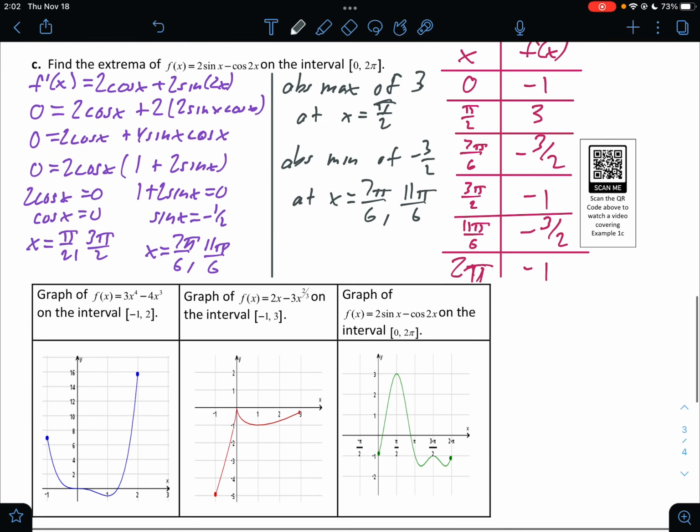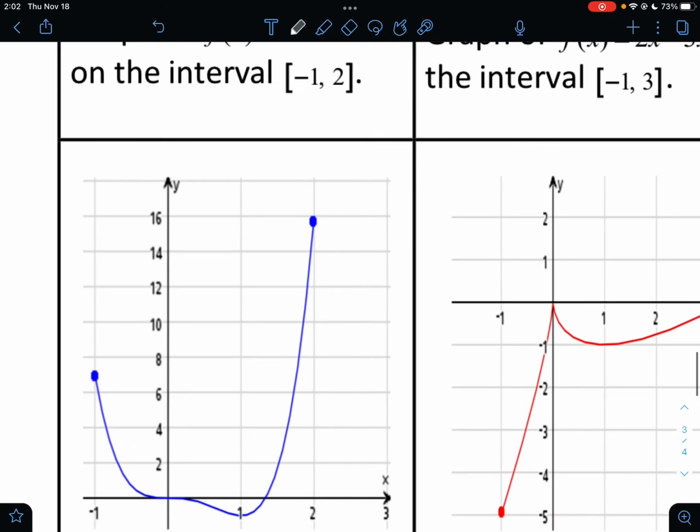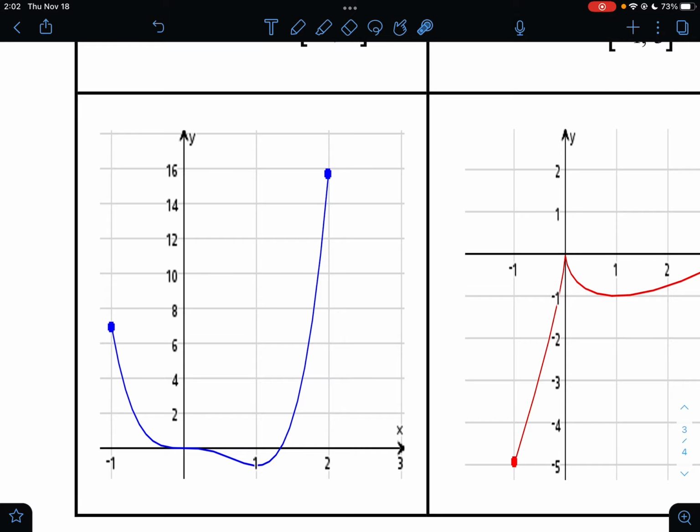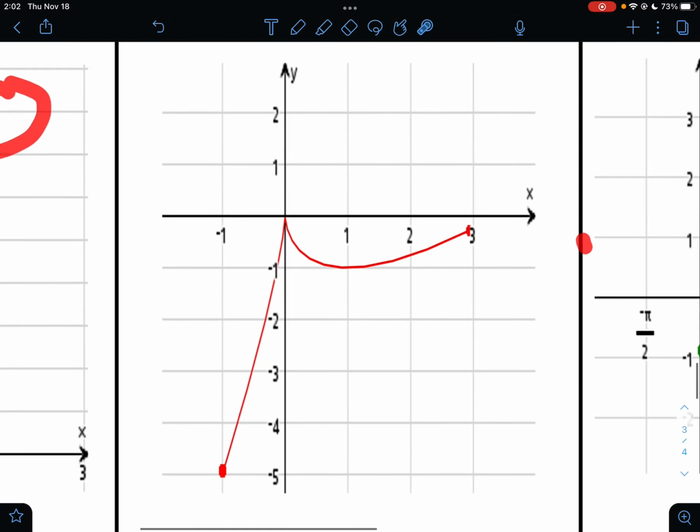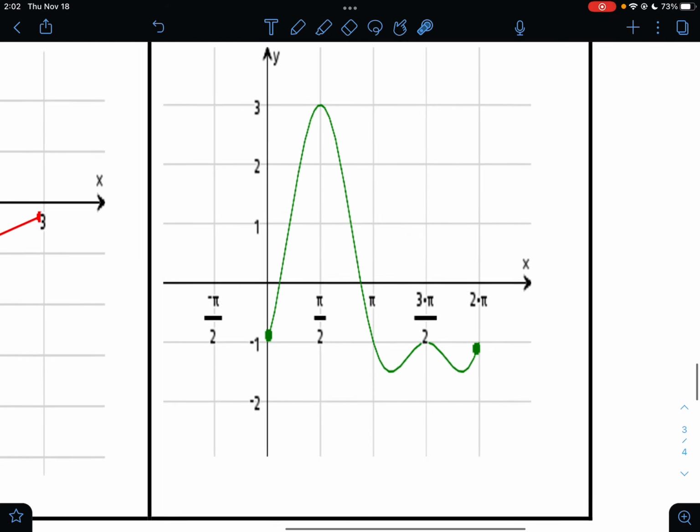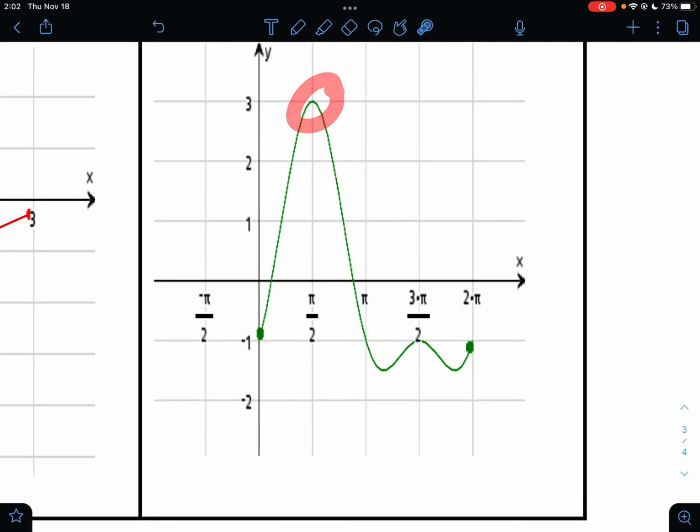Okay, and if you want to see graphs of those three, you can see what those look like here. The first one, absolute maximum, absolute minimum. The second one, absolute minimum, absolute maximum. And the third one, absolute maximum, and then 2 absolute minimums right there.